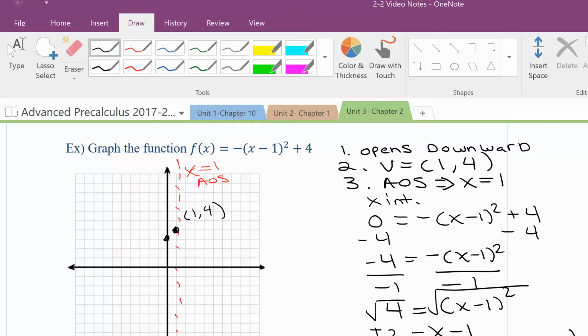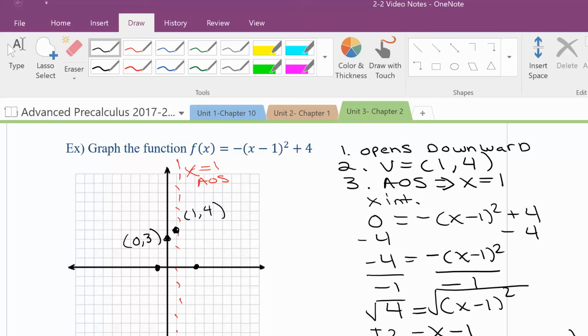Then I have the y-intercept of 0, 3. And I have the x-intercepts of 3, 0. And negative 1, 0. And notice, it's symmetrical on the line of the axis of symmetry.